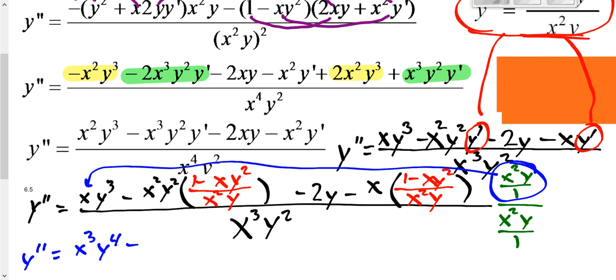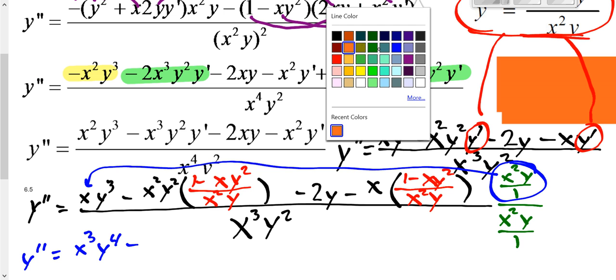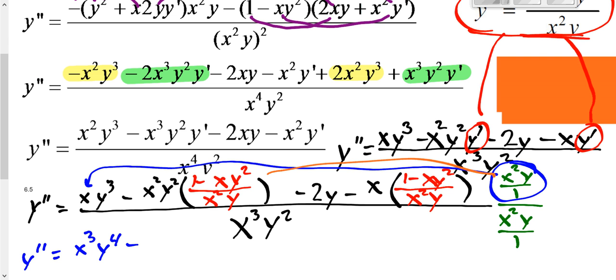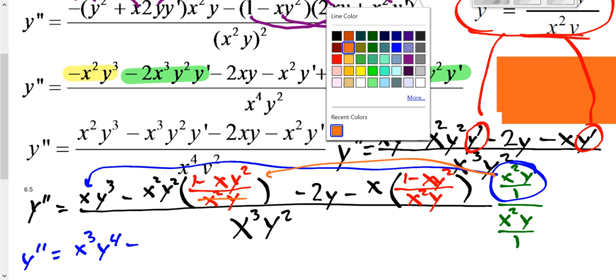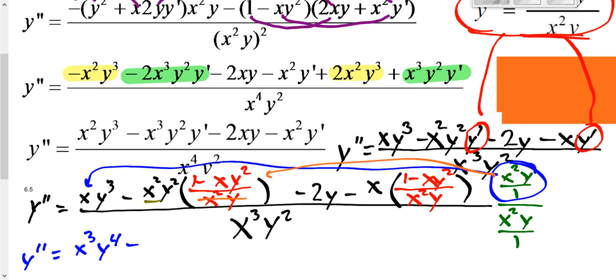Now, when I take this and distribute it onto here, all it does is cancel out the bottom, leaving me only with this right here times the top. So I'm going to distribute that through negative x squared y squared onto the 1. Negative x squared y squared onto the negative xy squared would be plus.